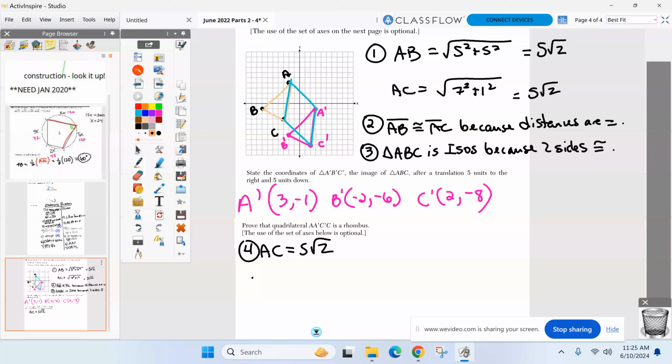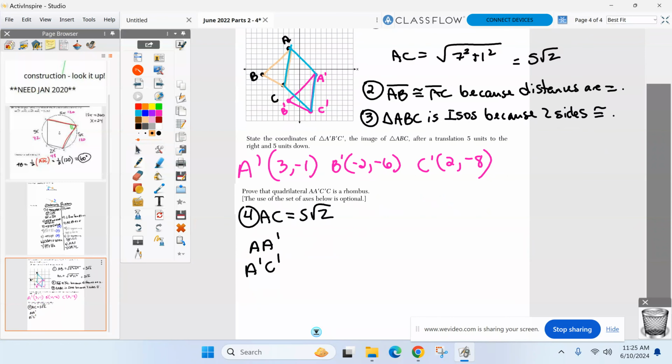So everyone right now is going ahead and finding the distance of the other 3 sides: A prime, C prime, and C prime. You know what it should come out to be, same as AC.